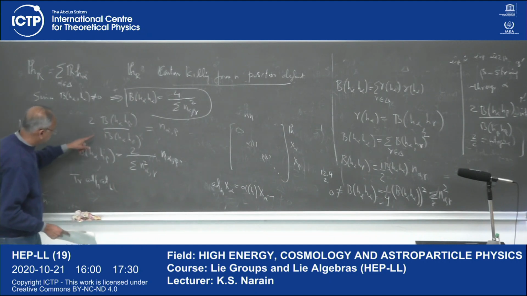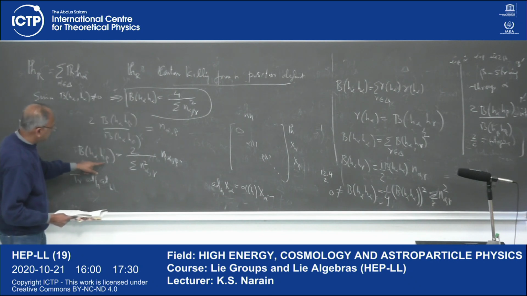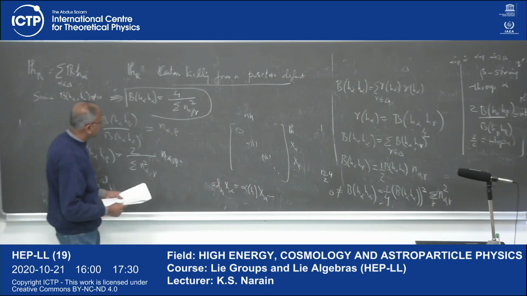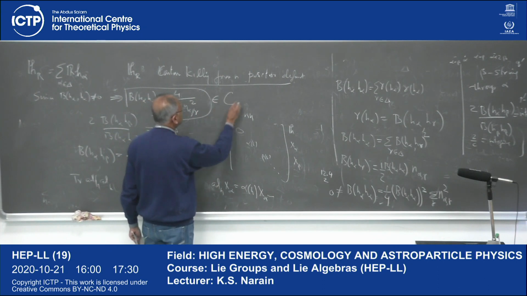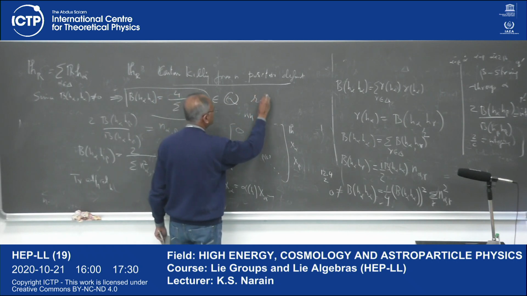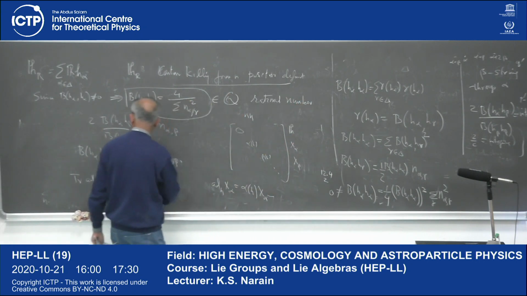The important point is that both B(h alpha, h alpha) and B(h alpha, h beta) are rational numbers. This is in what we call Q, a rational number. And also this is a rational number.